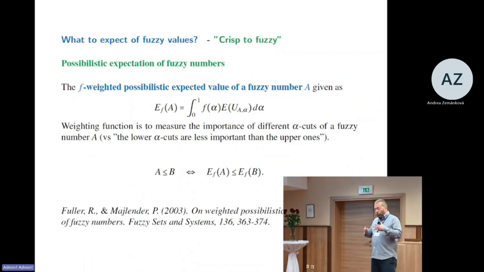If we wanted to put some weights on the alpha cuts, or give, for example, stronger weights on alpha cuts with larger alpha, we can insert this function f, the weighting function, and we obviously obtain a bit more profound ordering on these sets.